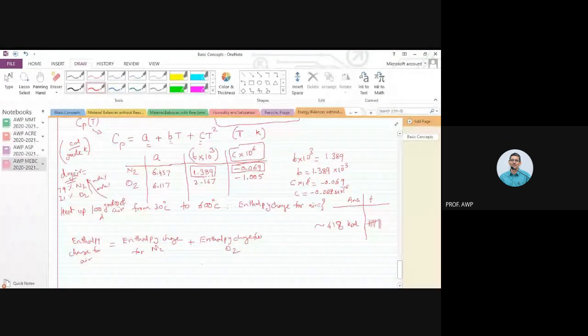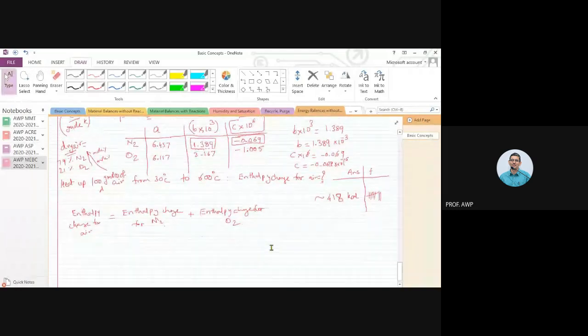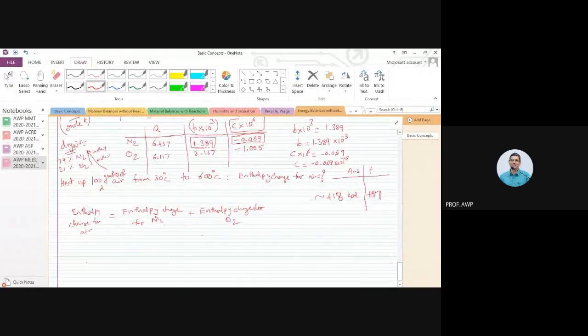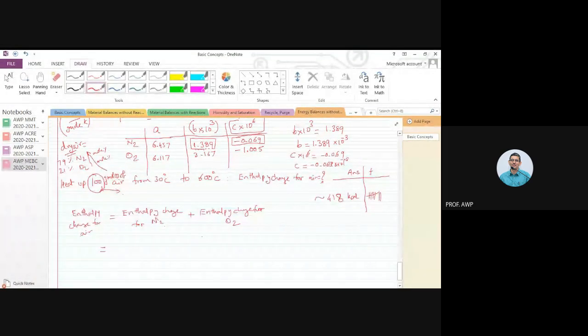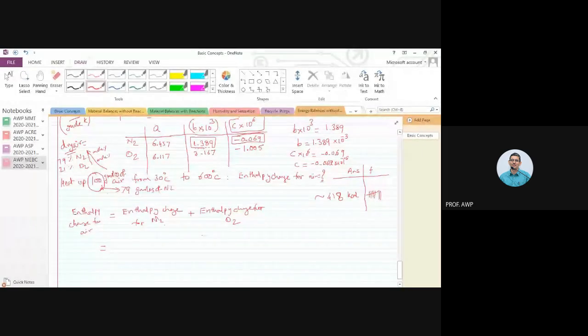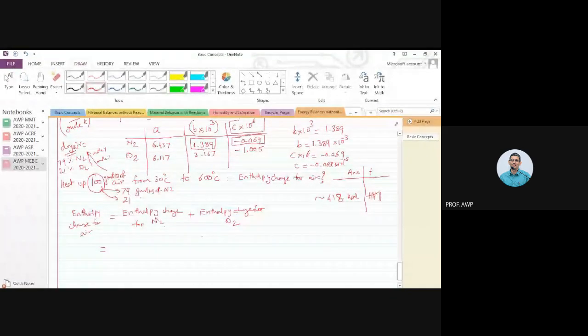Can we make that statement? Yes. So now enthalpy change for nitrogen, if I am taking 100 gram moles, I will have 79 gram moles of nitrogen and 21 gram moles of oxygen.